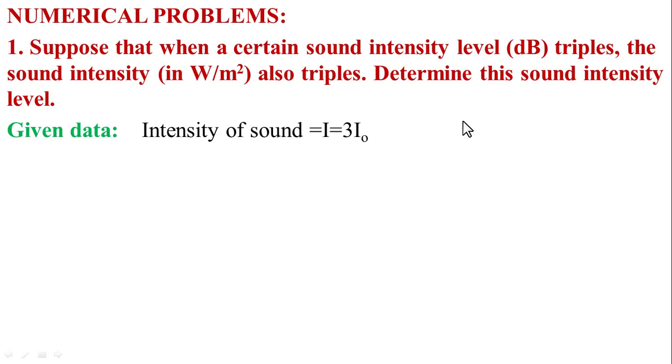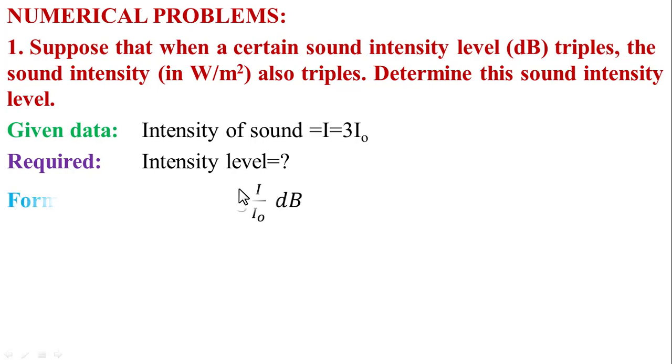The intensity of sound I is equal to 3I naught, and we require the intensity level beta, which is equal to question mark. Using the formula, beta is equal to 10 log I over I naught in decibels.